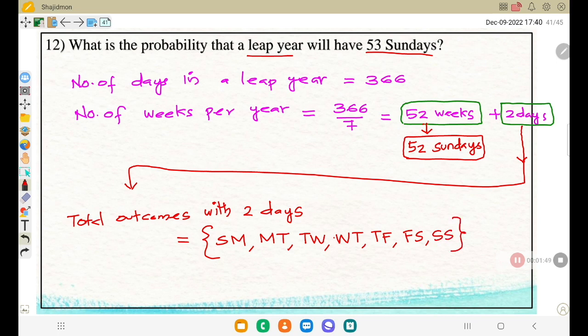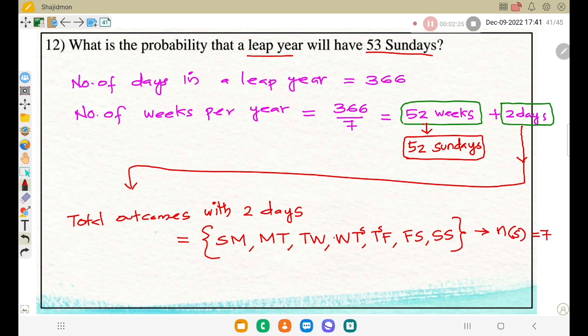These are the possibilities. 52 Sundays are there by default, and for the other 2 days, one of these outcomes will occur. Thursday I am representing with the letter T. So how many elements are there? The number of elements of S is equal to 7, correct?